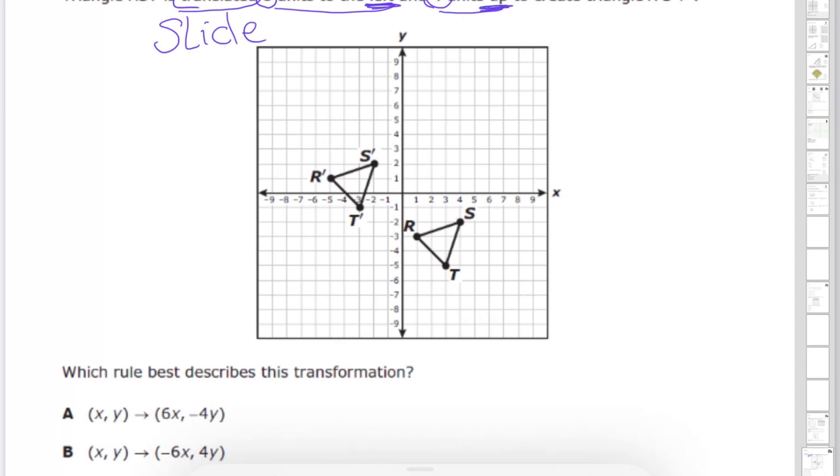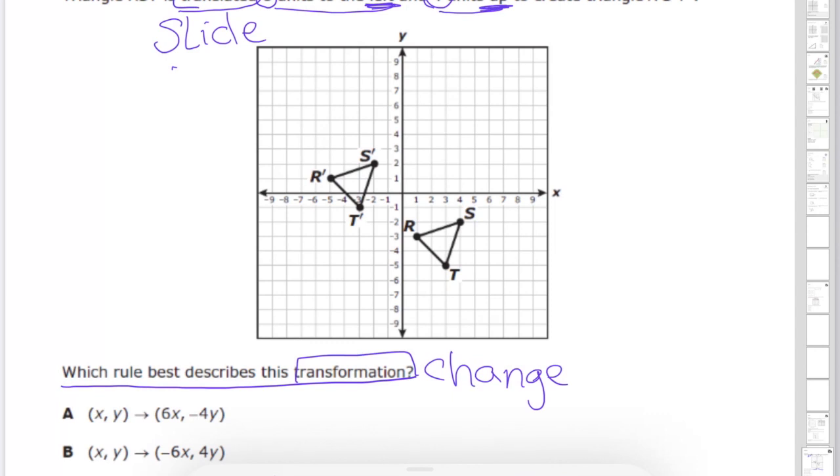And that creates the new triangle. And my question says, which rule best describes this transformation? I know transformation means to change. So I am changing my shape, and it is going to slide 6 units to the left, and it is going to move 4 units up.